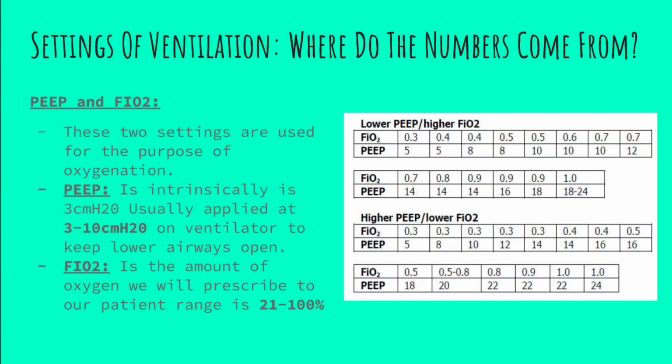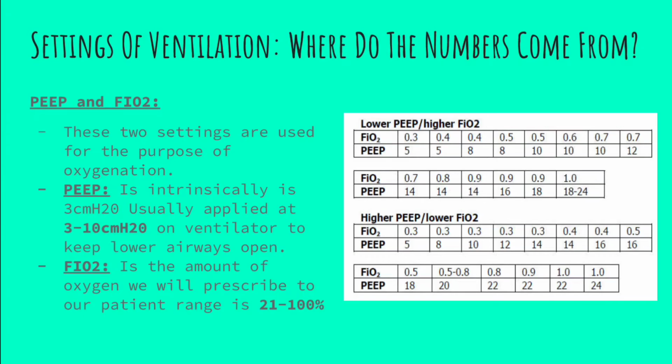So this brings us into FiO2. As we talked about, this is the percentage of oxygen that we're going to be delivering to patients. We know that 21% is what you and I are breathing in this room right now, right? So when we're talking about patients that have different types of illnesses, what do we need to give them? Generally when we first put somebody on a ventilator, we start out at 100%, then we gradually wean them down until we get them into a good range where their SpO2, depending on what's wrong with them, is between 93 and 99%.